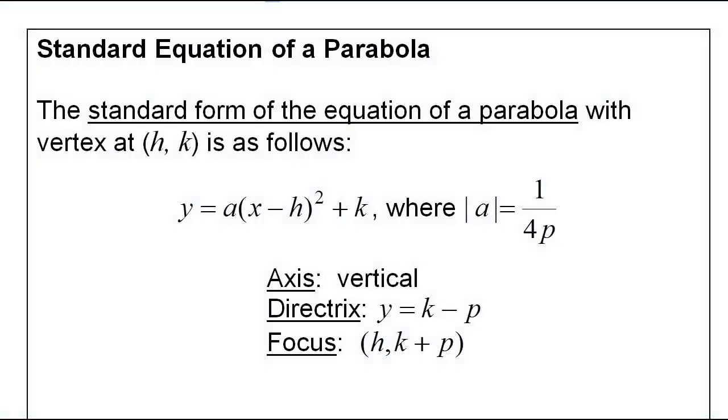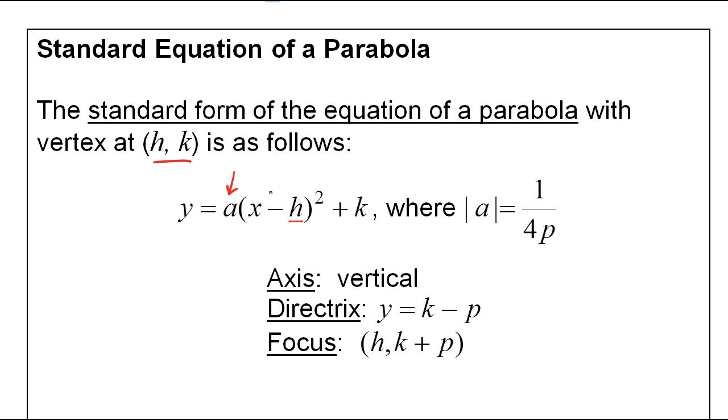Okay, in order to look at the equations for a parabola, I'm going to have to do it in a couple different pieces. This is what we're used to seeing. We've had this before, where I know that the vertex is (h, k). That's what I have here. Now, what we've done before is we've looked at this a to tell us whether it opens up or down and how flat it is.